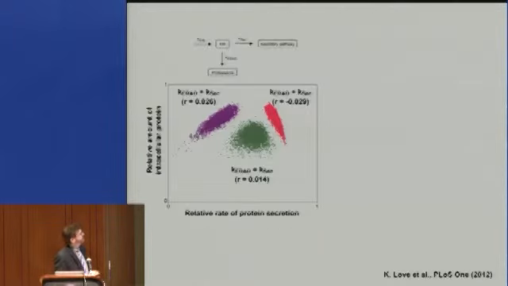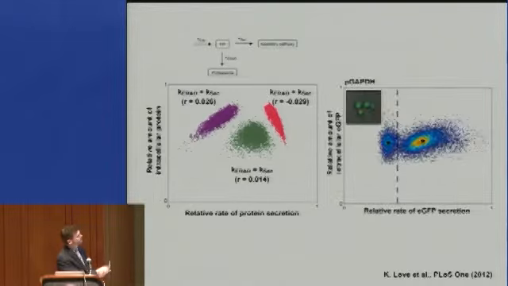And if we model this now for these populations of cells, what we find is that under different conditions we see different relationships between intracellular protein and protein secretion. When the dominant process is degradation, we see this positive correlation between protein secretion and intracellular amounts. And when secretion is dominant, we would expect an inverted relationship.